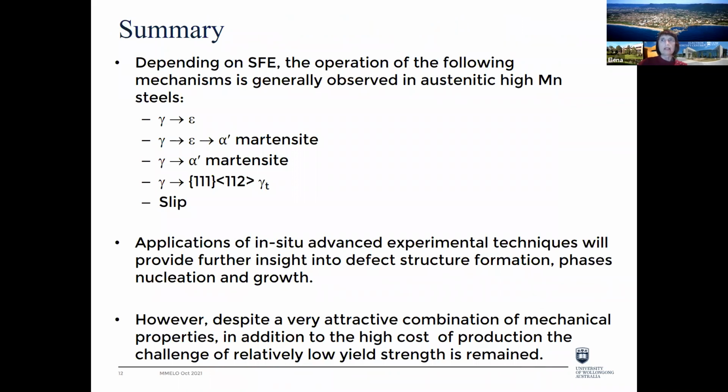So this is probably all that I want to share with you about steels.